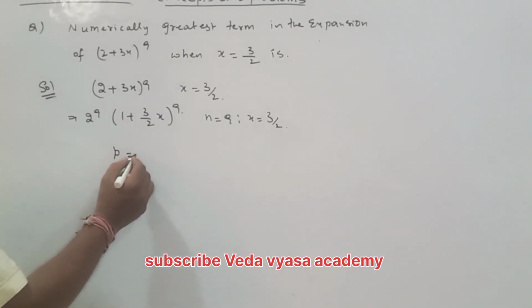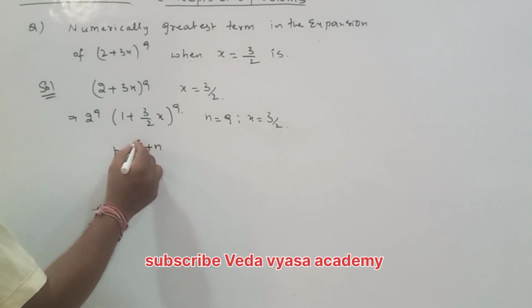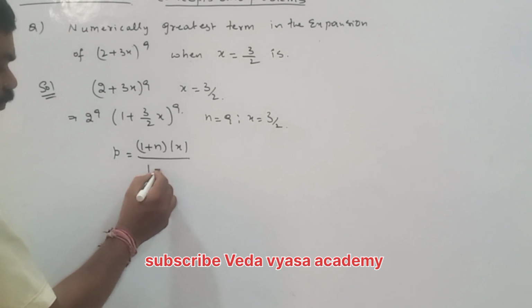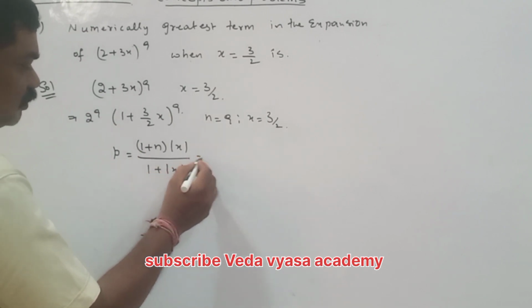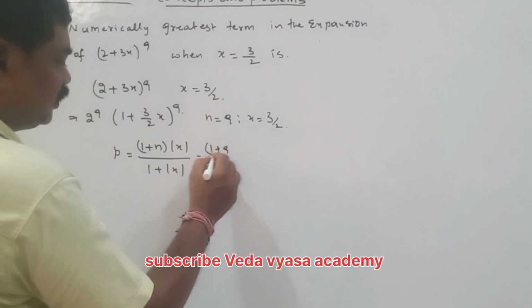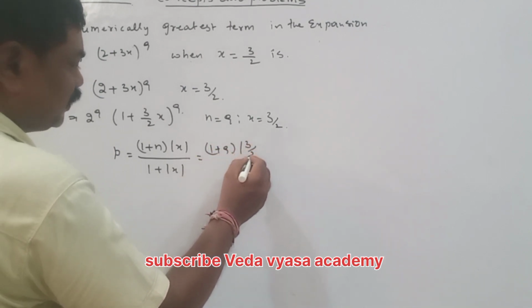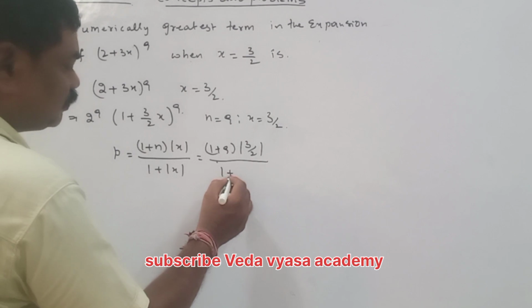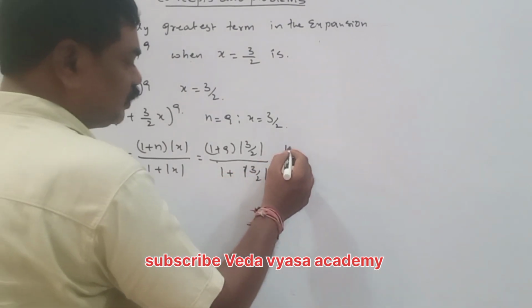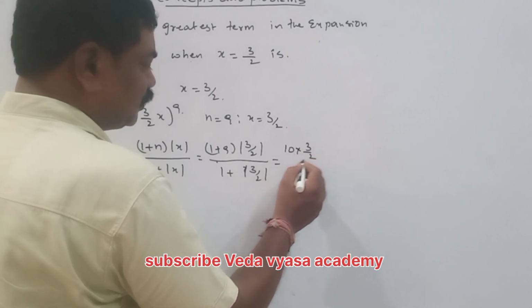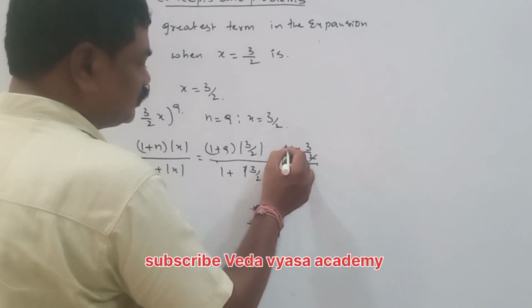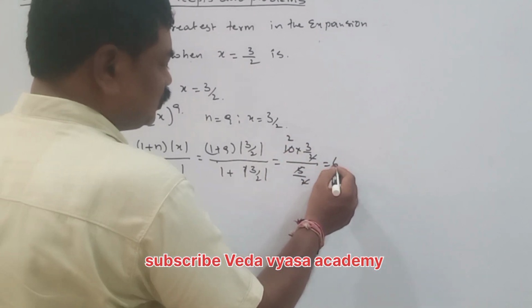p is equal to (1 + n)|x| / (1 + |x|) = (1 + 9)(3/2) / (1 + 3/2) = 10 × (3/2) / (5/2). The 5s cancel, so it is equal to 6.